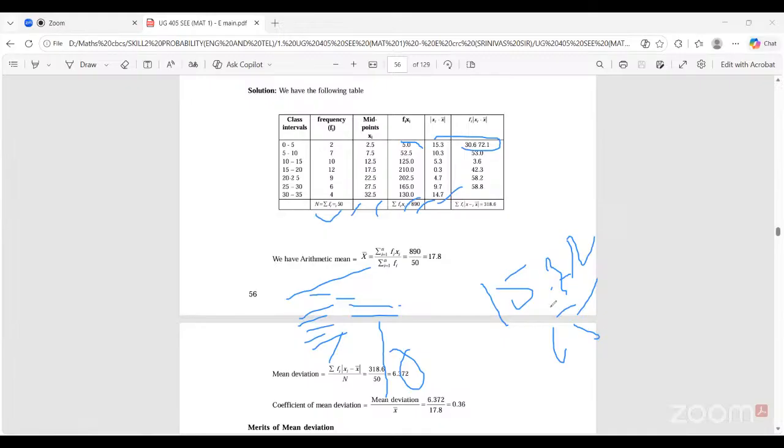Just a minute, I will calculate and tell you. 15.3 into 5, then 7 into 10.3.